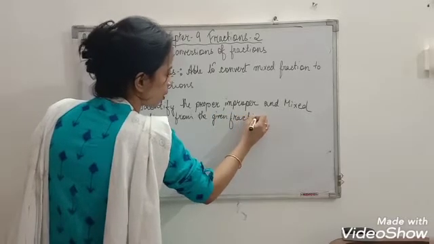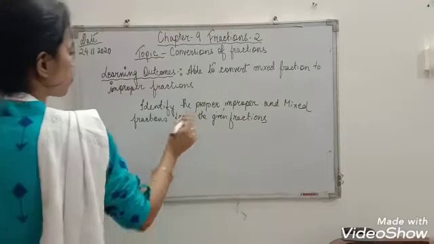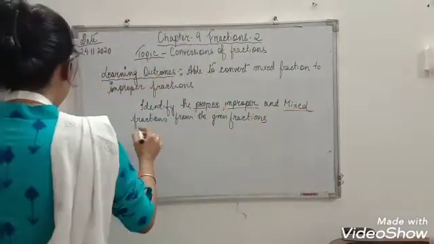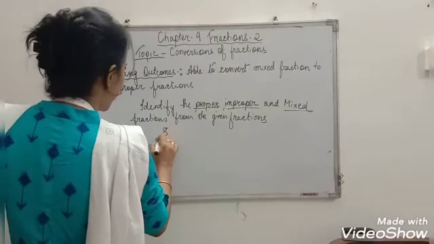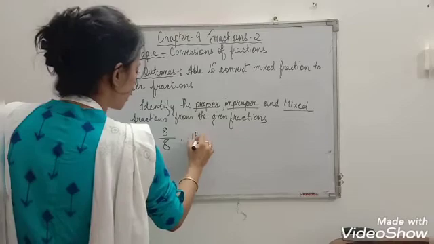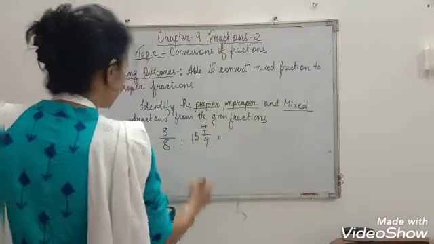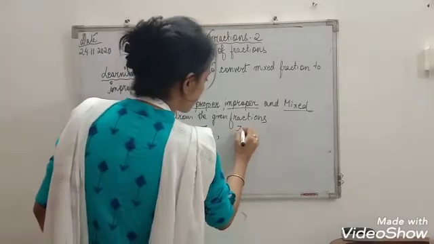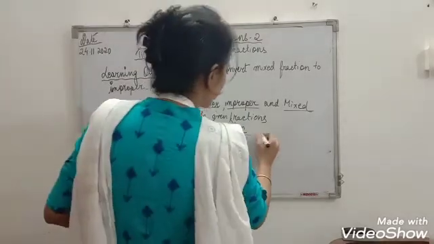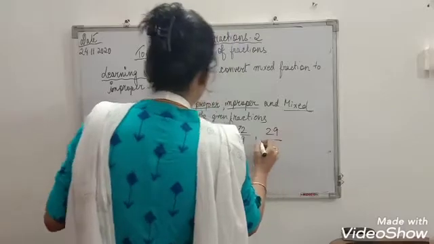So the first fraction is 8 by 8. Second one is 15, 7 by 9. Third one, 72 by 59. Fourth one is 29 by 32.